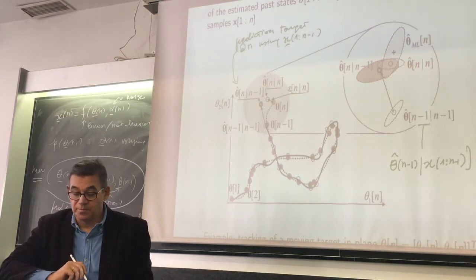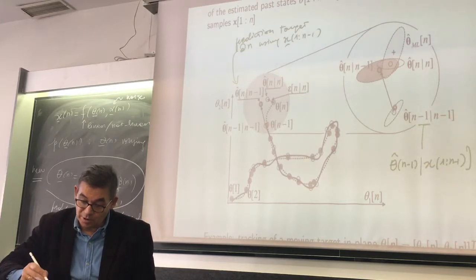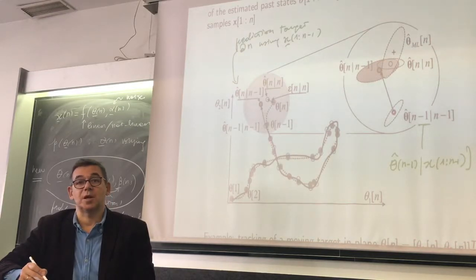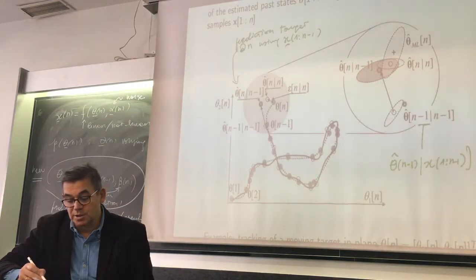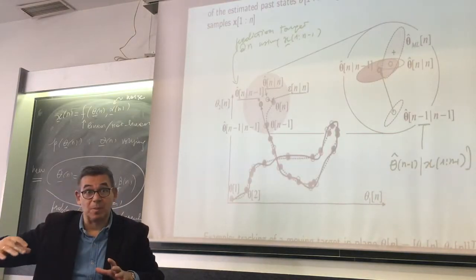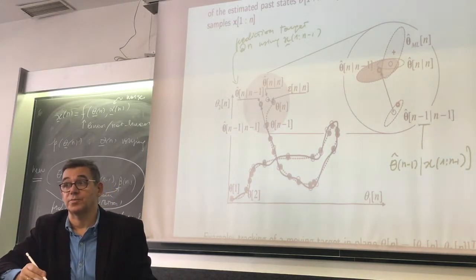In other words, this is the zoom. When I'm here and I calculate this point using the a posteriori, that means that the a posteriori, if Gaussian, is approximately shaped in this way. This shape is the shape of a Gaussian bell of the a posteriori probability density function.